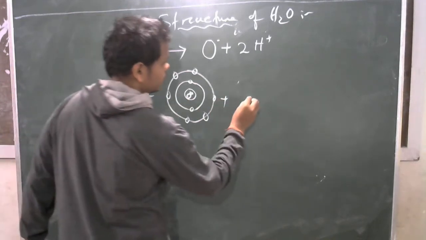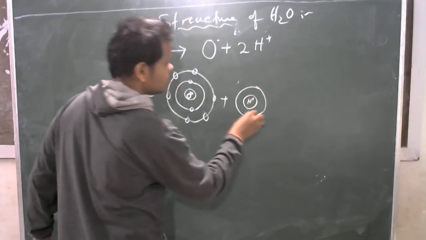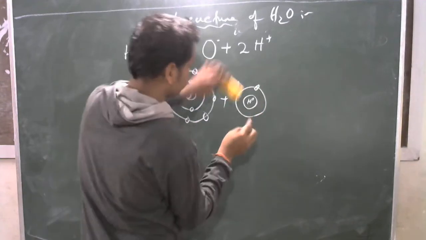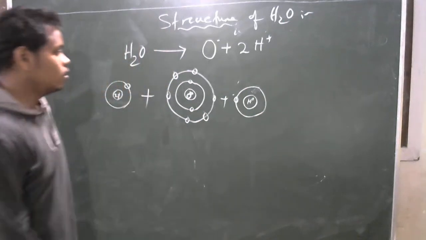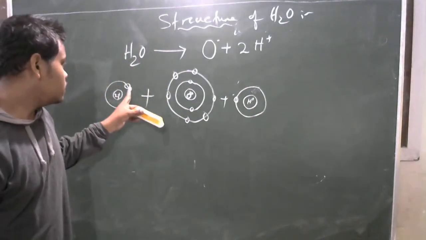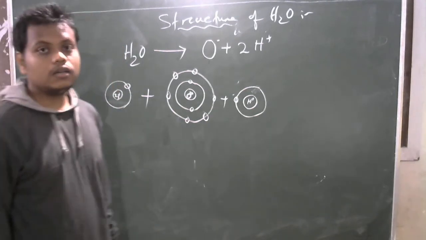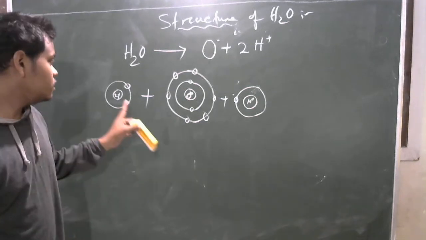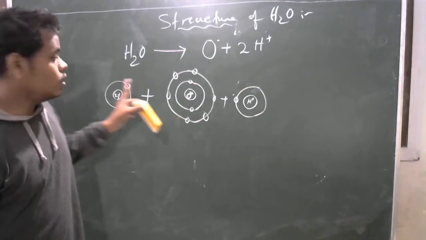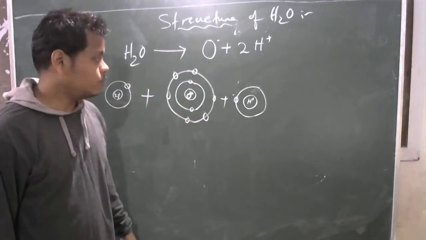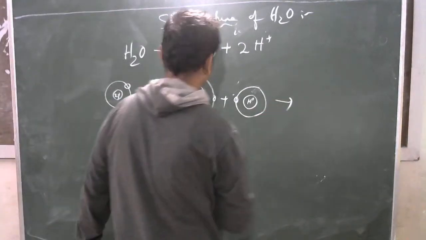And when it reacts with another hydrogen atom, suppose this is another hydrogen atom, this is the electron. Now what happens? These electrons are shared with each other and covalent bonds are formed. That means in the water molecule, oxygen is combined with two hydrogen atoms by covalent bonds. So this will be like this.